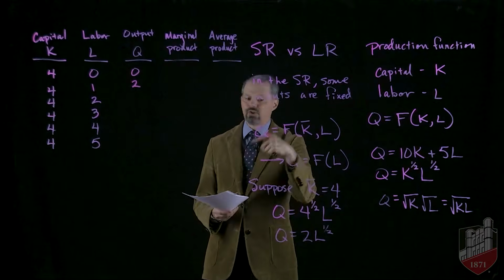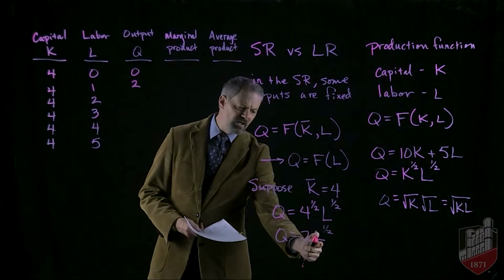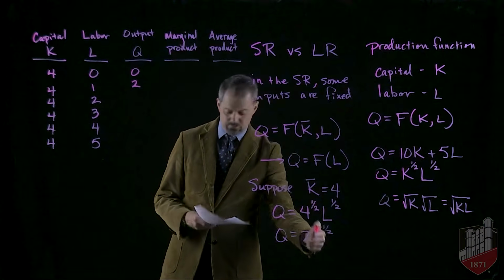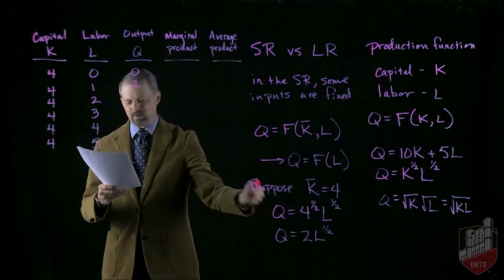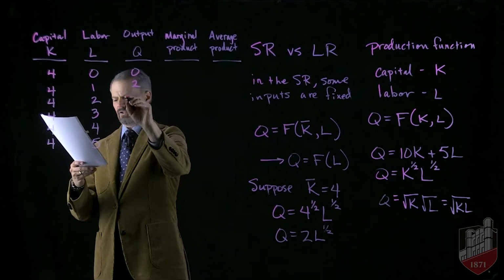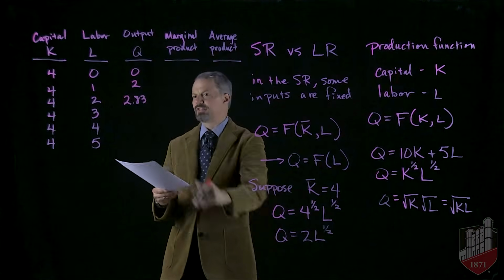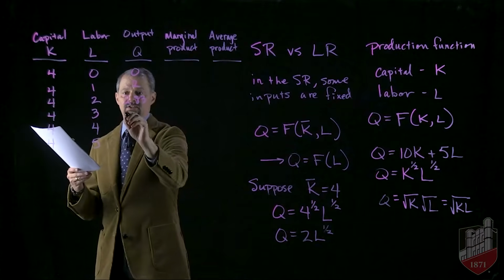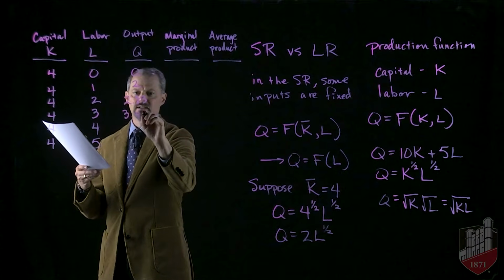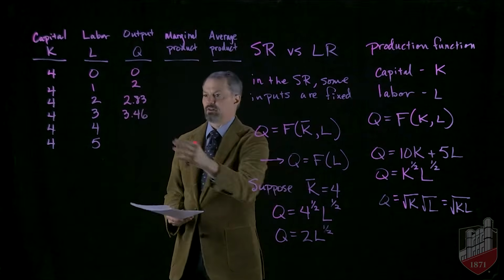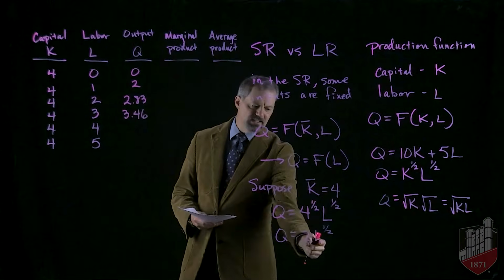If I have 2 workers, then I plug in a 2 there. I can't do the square root of 2 in my head, but I've already done it. If you multiply it by 2, it's going to be 2.83. Same with 3. I would need a calculator, but it's 3.46. 4 I can do. If I've got 4 units of labor, I plug in 4 there.